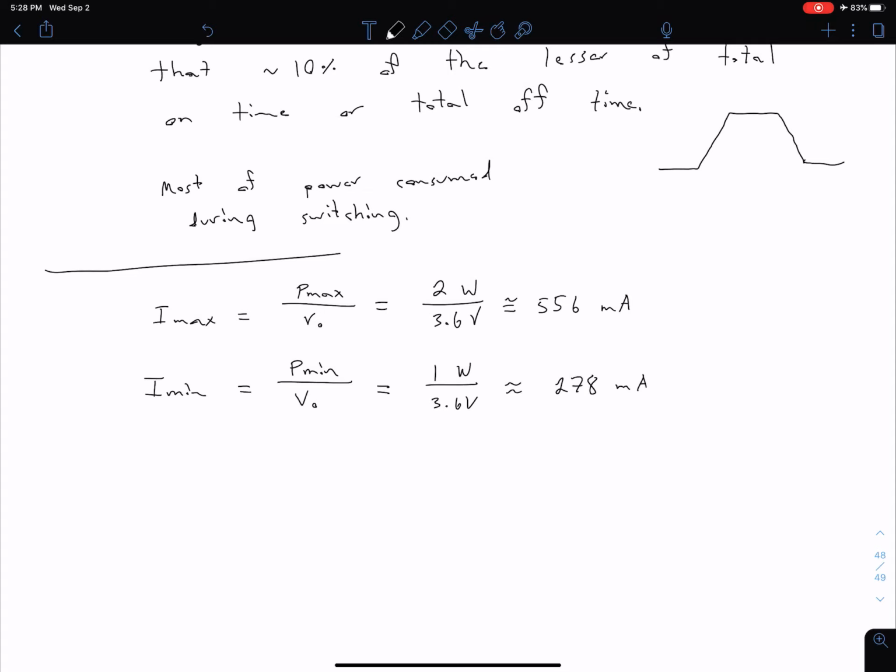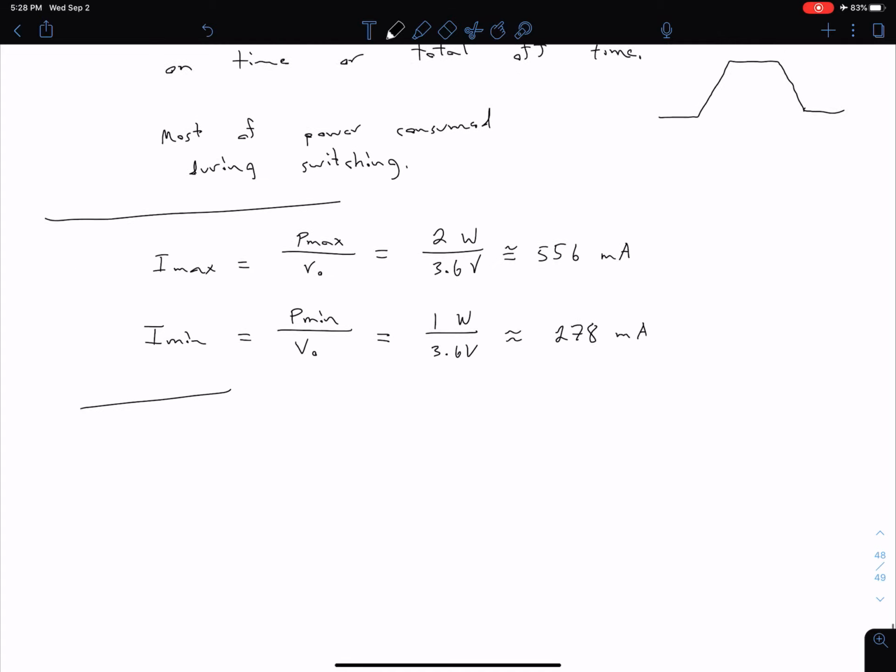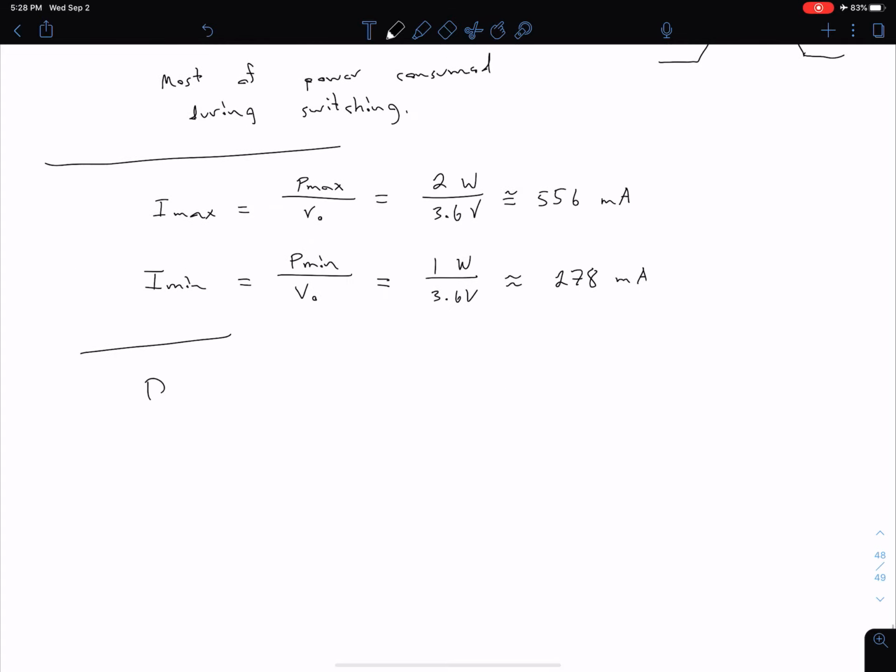The other piece of information that we have is that depending on what our V raw is, we're going to have two possible duty cycles, two possible on times. So let's look at those two cases, our duty cycle ranges.